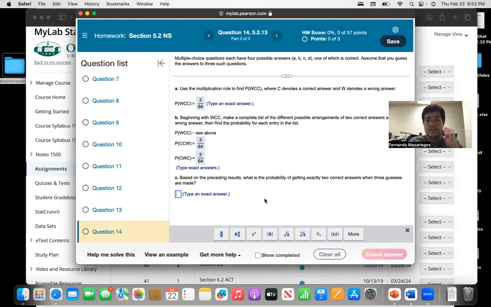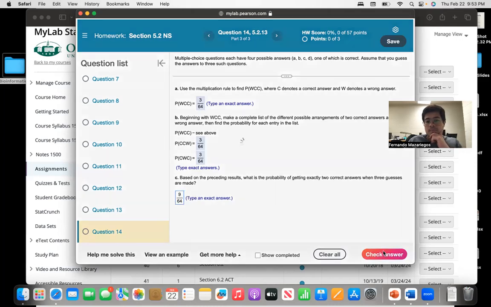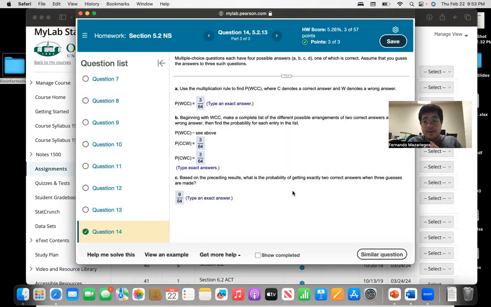We either got the first one wrong, that is 3/64, plus we get the second one wrong, that is 3/64, or we get the last one wrong, that is also 3/64. So if we add all of these, we get 9 over 64. And this is the probability that if we guess in 3 questions, we get 2 correct answers. Okay.